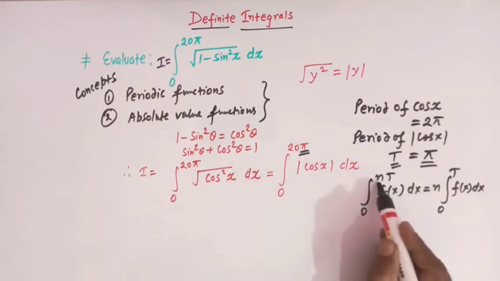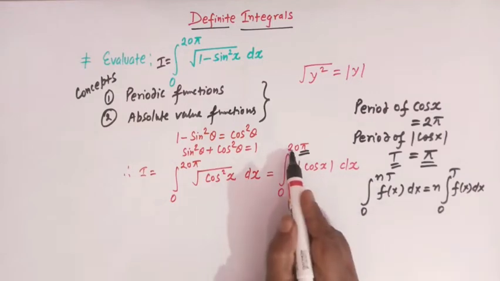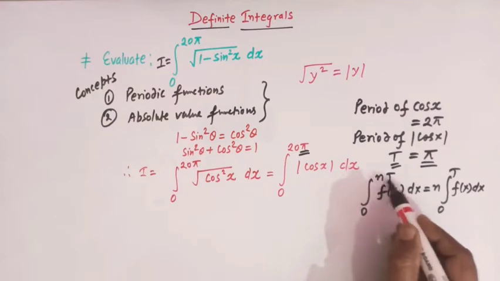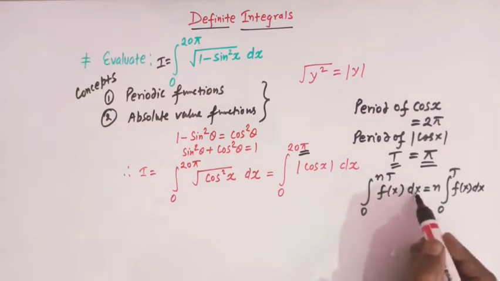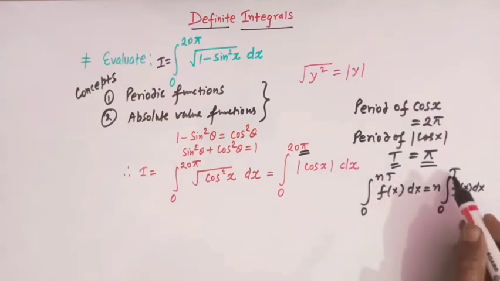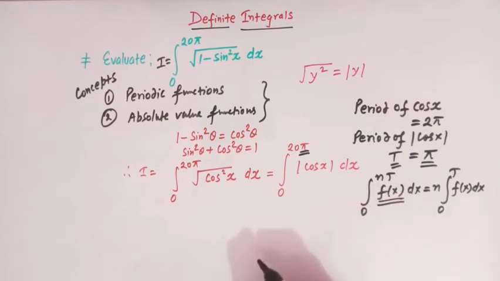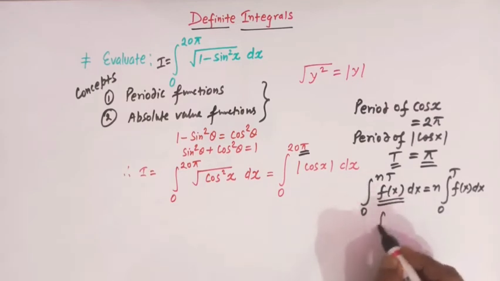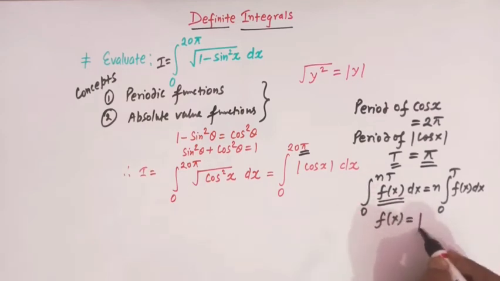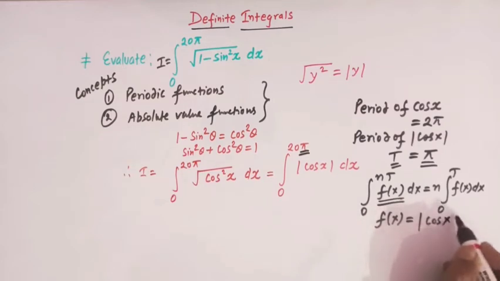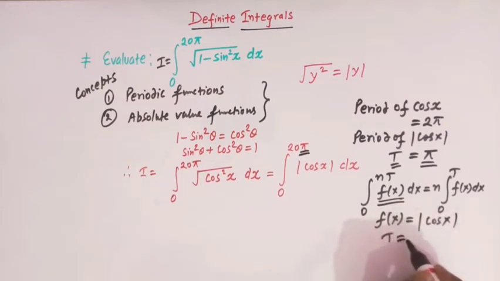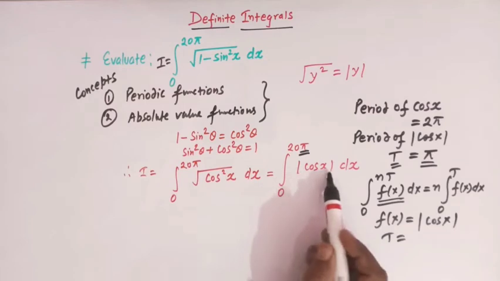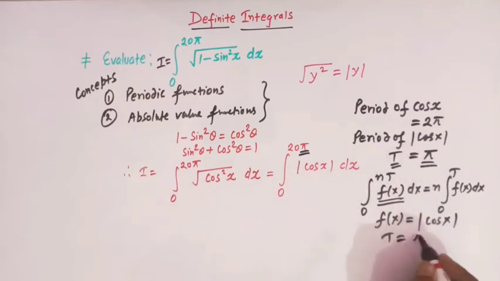Here n is an integer, and here n is 20, which is a natural number also. T is the period of f of x, and here f of x is mod of cos x, whose period is pi.